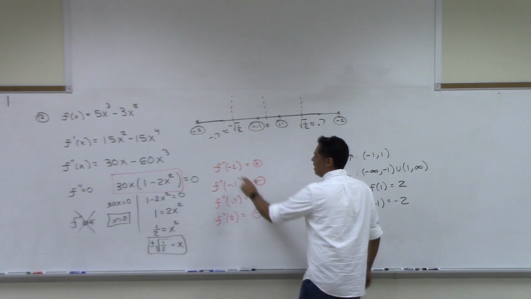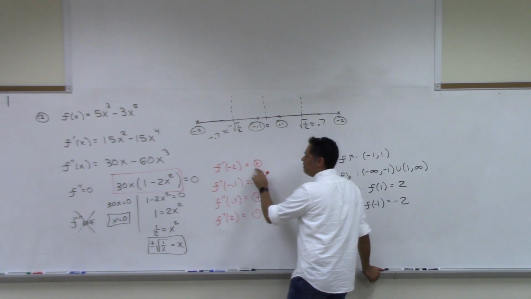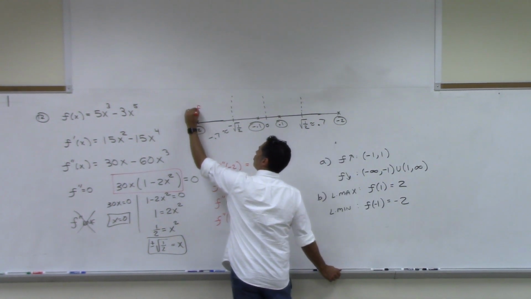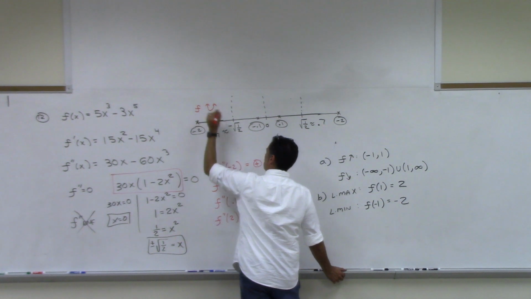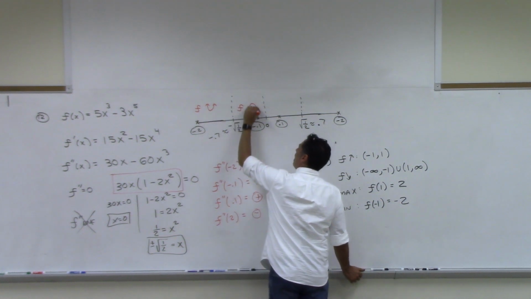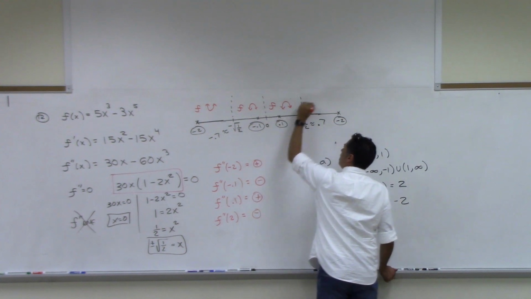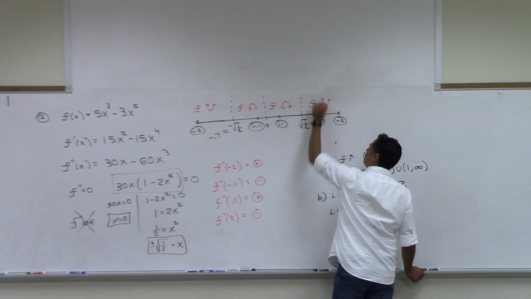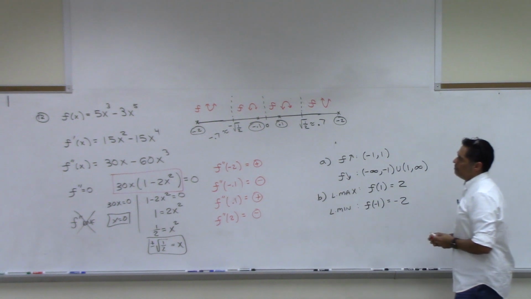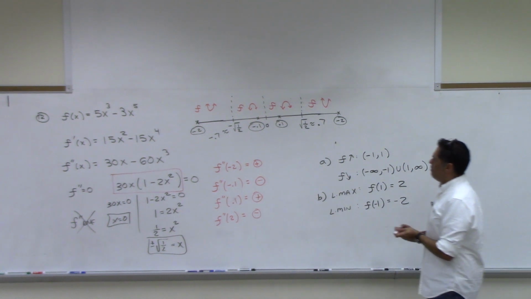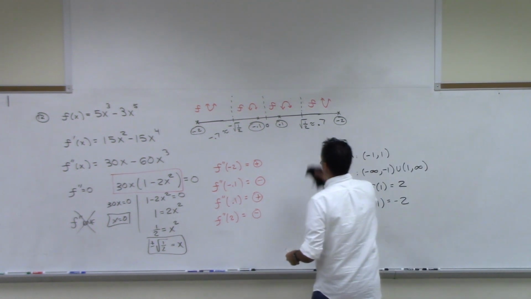What that tells me is, if the second derivative is positive, my original function is concave up. Wait, sorry, hold on, I messed that up. It switches, sorry.